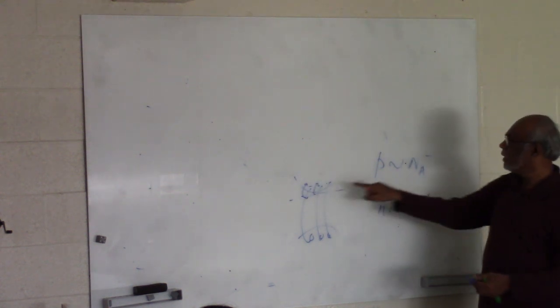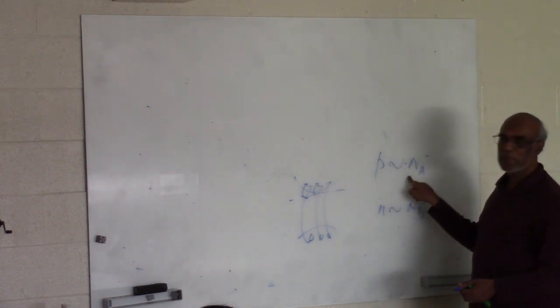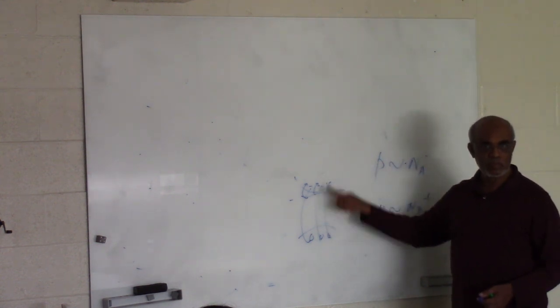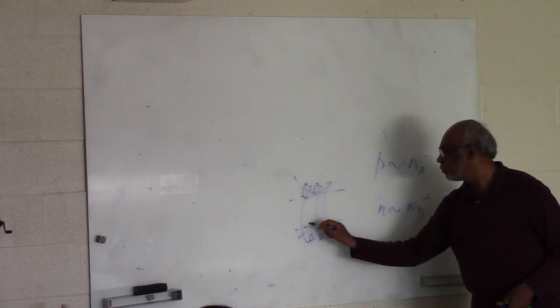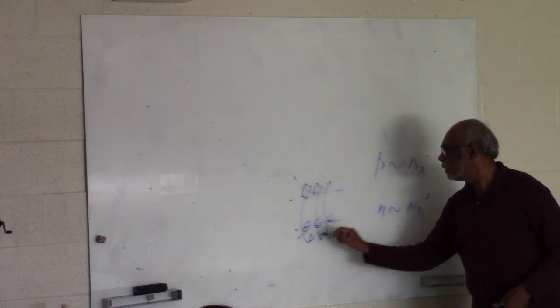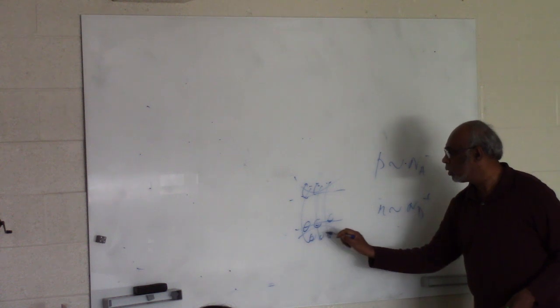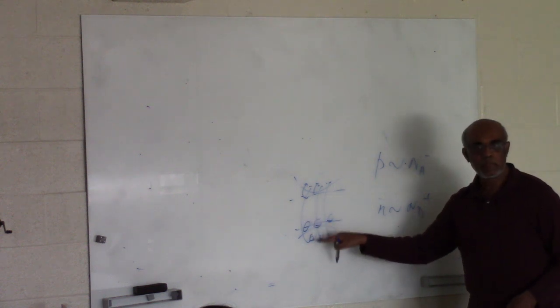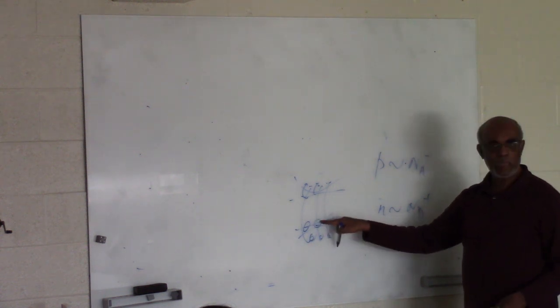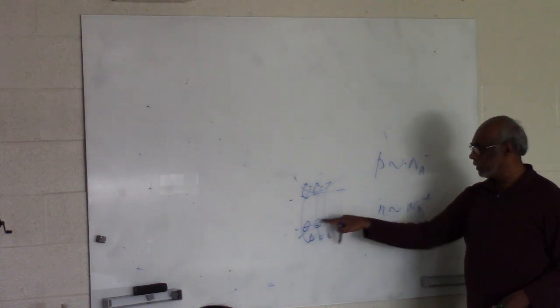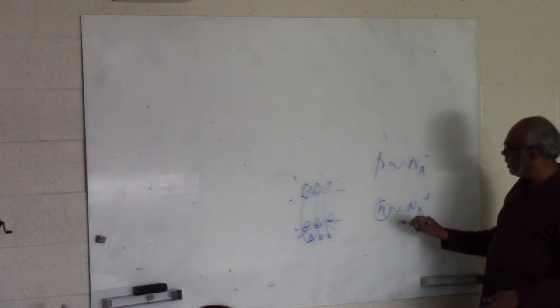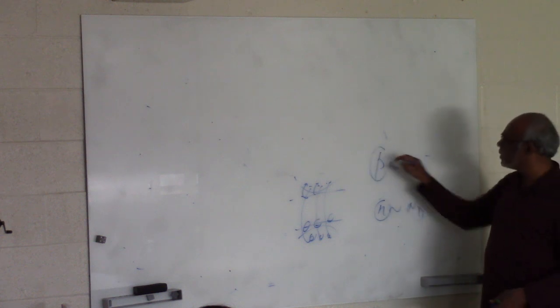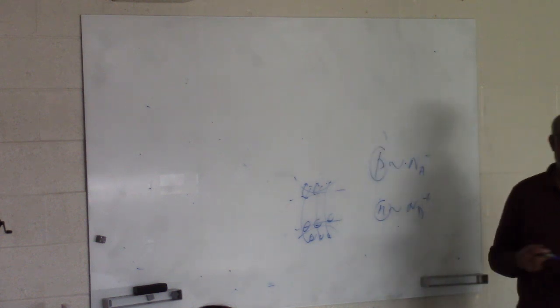So we assume what you are getting here is much higher than what you had in the intrinsic situation. Same thing here: if you have these acceptors, then most of these holes come from the acceptors accepting electrons. So basically we are assuming N is mostly coming from the donors, and P mostly from the acceptors.